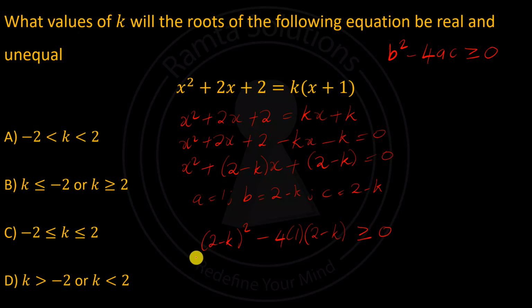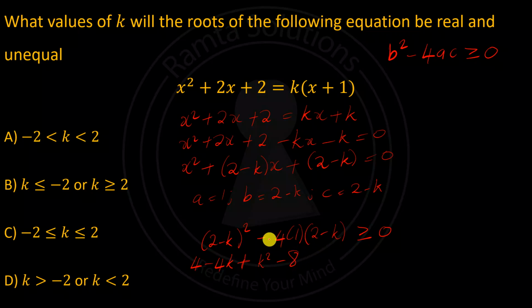Simplifying this, we have 4 minus 4k plus k squared. Negative 4 times 1 times positive 2 is negative 8.